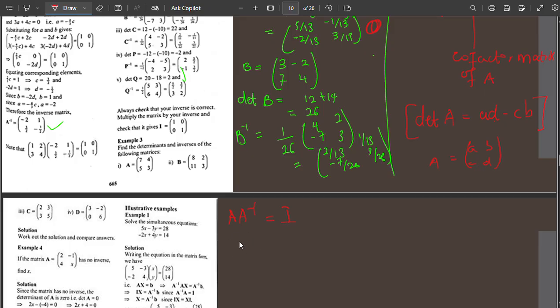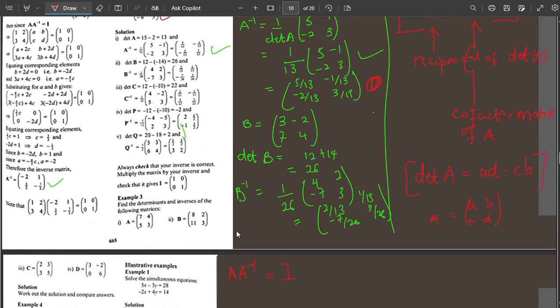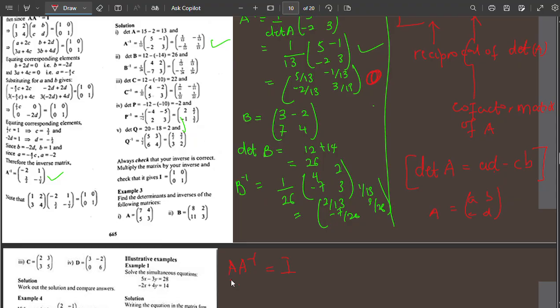So our A was 3, 1, 2, 5, and our inverse was 5 over 13, minus 1 over 13, then negative 2 over 13, then 3 over 13.